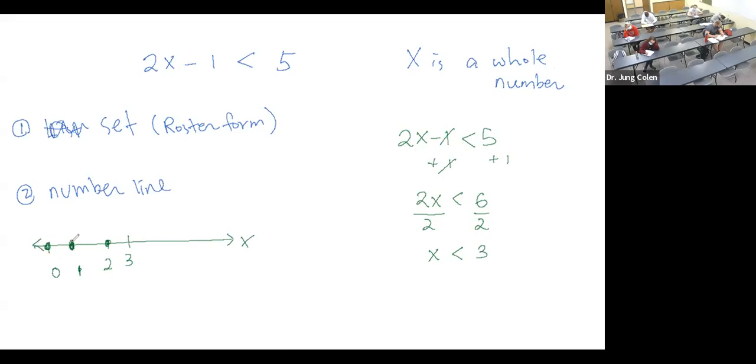Those are the only whole numbers, right? So we are shading only 0, 1, 2. Got it? Excellent job. So to write the set in roster form, we can just put 0, 1, 2. Of course, 3 is not included. You see that? Very, very good.